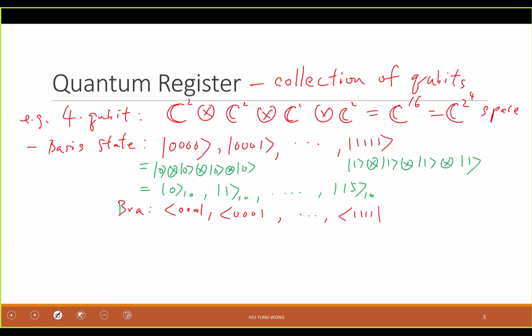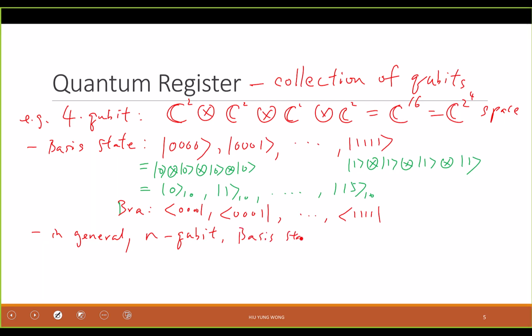Now although it's just a quantum register, basically we're grouping more qubits together to form a larger space. And that's it, nothing special. It's just that I put 4 qubits in front of you, and it has a larger space. You don't need to do anything. So in general, if I have n qubits, the basis states are what?